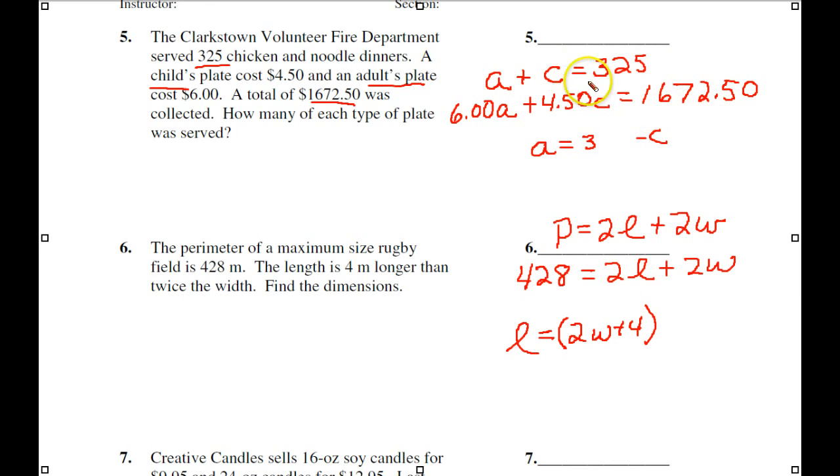So these are your two equations, that the number of adults plus the number of children were 325. So then what would be your strategy to solve? Well, you might use substitution, where you're going to solve for the letter A.